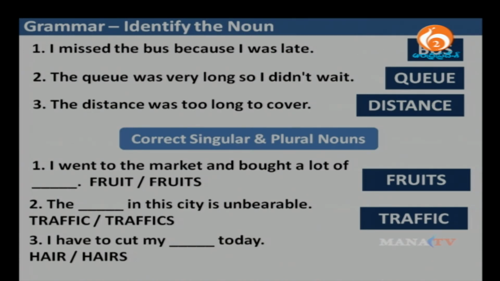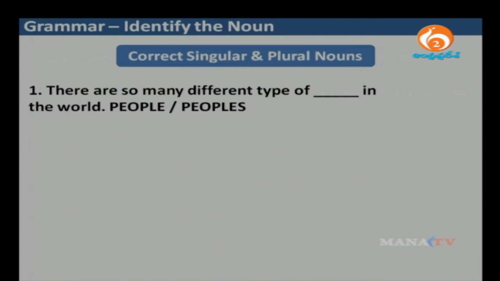Correct singular and plural form, some more questions. There are so many different types of people in the world, people or peoples? Now, people itself is a plural form, you don't have to add an S again. I have to buy a lot of furniture for my new apartment. I just gave you this example a while ago.